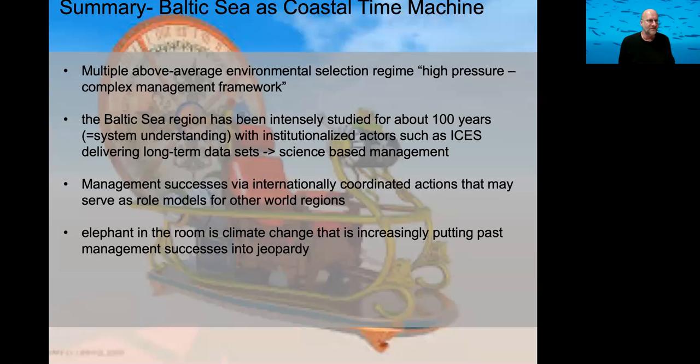To wrap that up more verbally, so we have this high pressure complex management framework, but still the Baltic Sea neighboring states, they were able to come up with a political framework that allowed some management that was effective. Helping there were, of course, long-term time series that were often started about 100 years ago that show both the deterioration of the ecosystem, but also intervention successes.